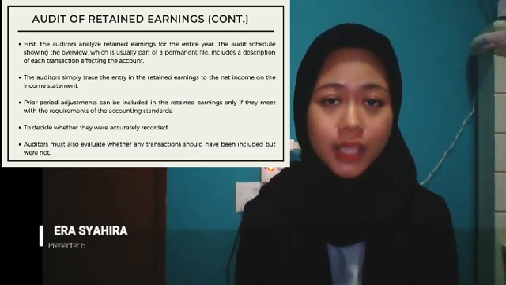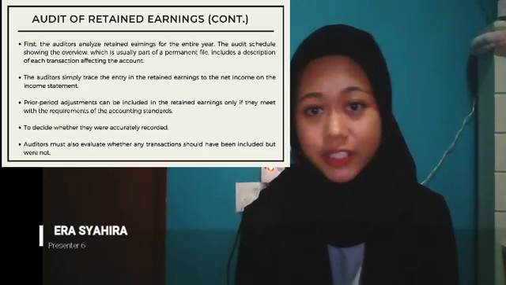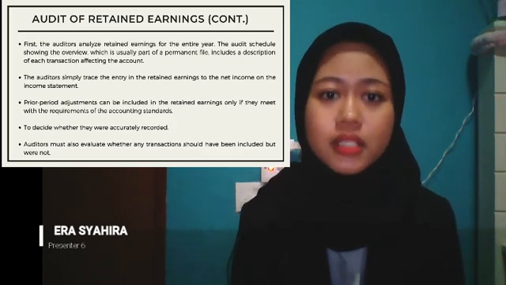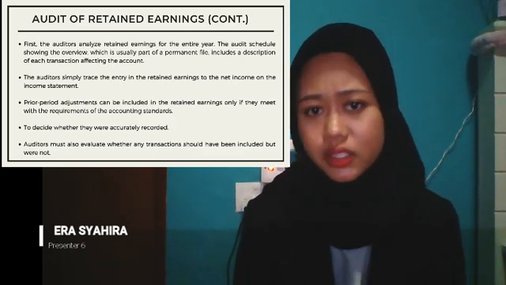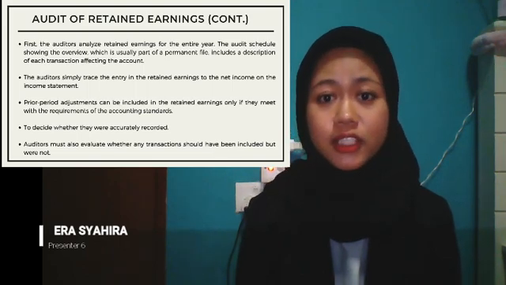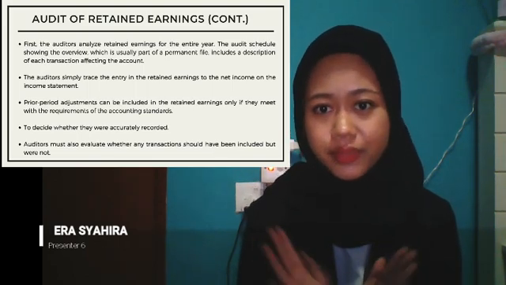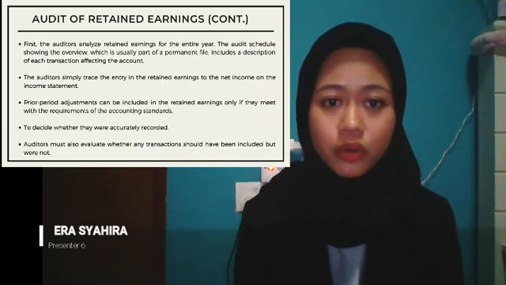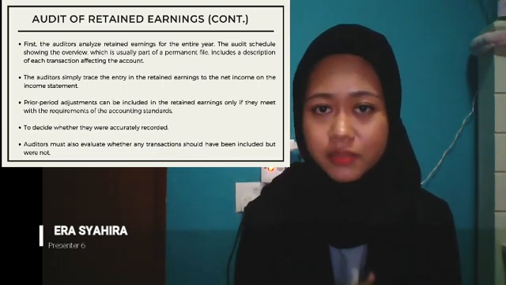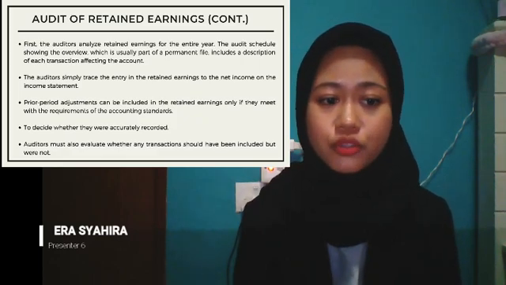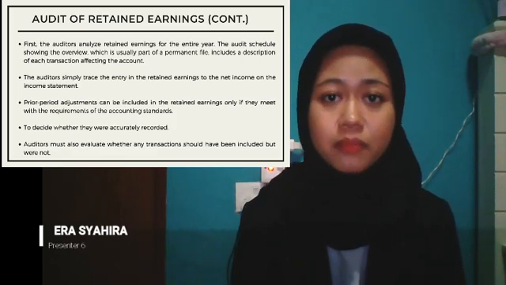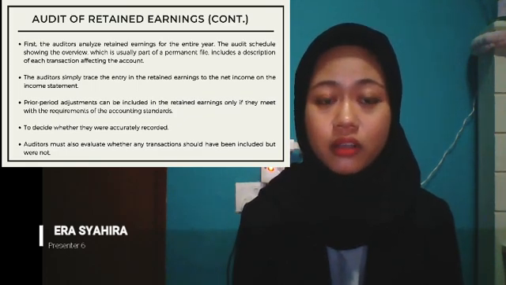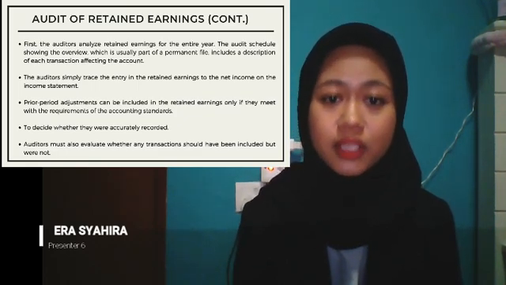To accomplish the audit of the credit to retained earnings for the net income for the year, the auditor must trace the entry in retained earnings to the net earnings figure or loss adjustment on the client's income statement. This procedure must take place fairly late in the audit, after all adjusting entries affecting net earnings have been completed.